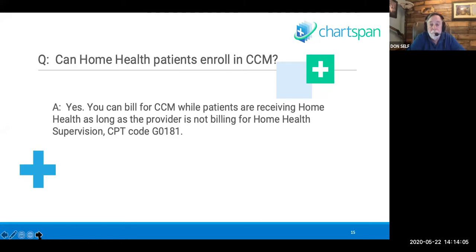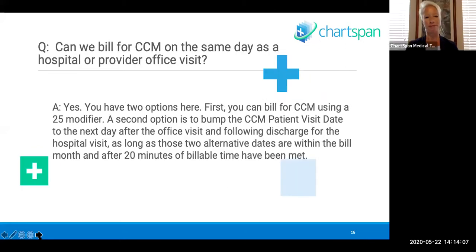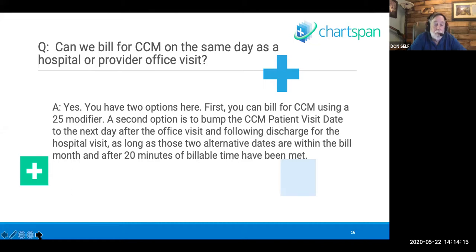So. Perfect. Well put. So can we also bill for CCM on the same day as a hospital or a provider visit? How would that work? You can. It's just sometimes if you submit both of them on the same claim for the same date of service, Medicare or the commercial insurance carrier, they make up their own rules and they may require you to throw a 25 modifier on the office visit code or the E&M code.